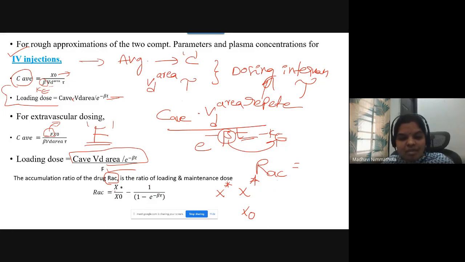Okay, so X star is the loading dose and X naught is the maintenance dose. You just assume your maintenance dose you will get at steady state level. After reaching it, the drug is eliminated, so we can calculate minus beta tau. Simple thing. So this is the accumulation ratio of the drug, RAC.